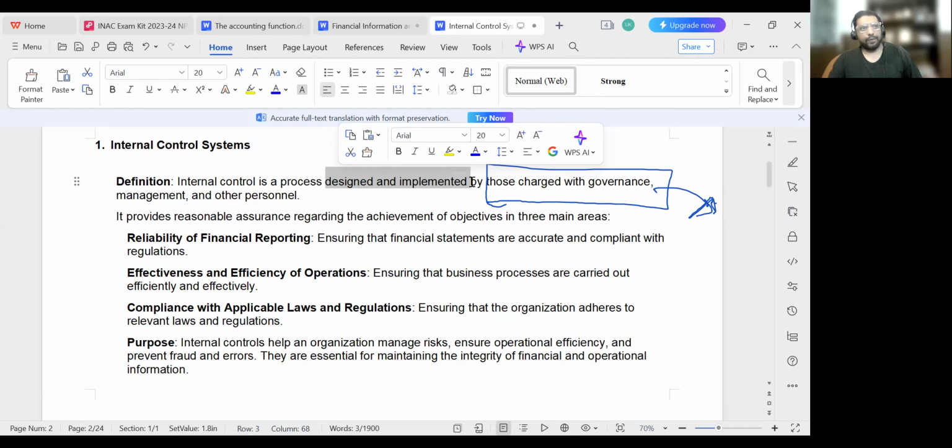If you're familiar with a company board, you have directors sitting on the board. You have a complete code for what should be the structure of that board of directors, right?